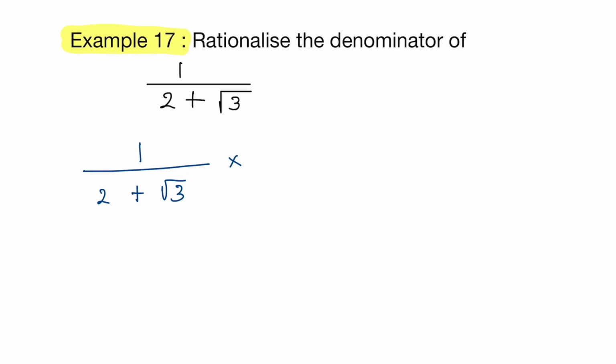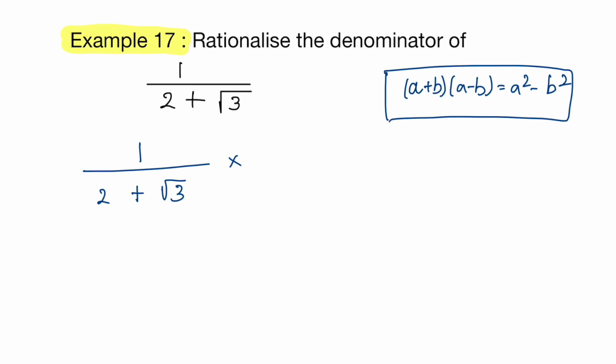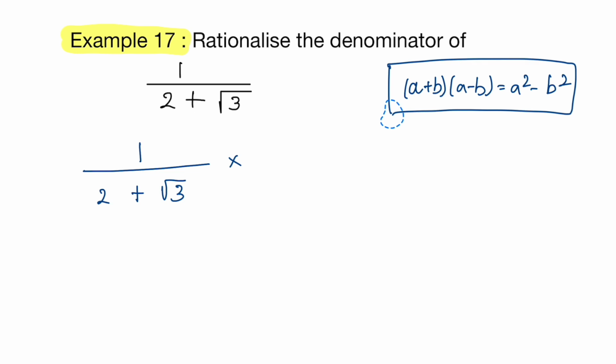So what we are going to do is use something that you already know, which is (a plus b) into (a minus b) equals a squared minus b squared. We have seen this in the previous video in detail. Now we are going to use this very same thing to rationalize this denominator.